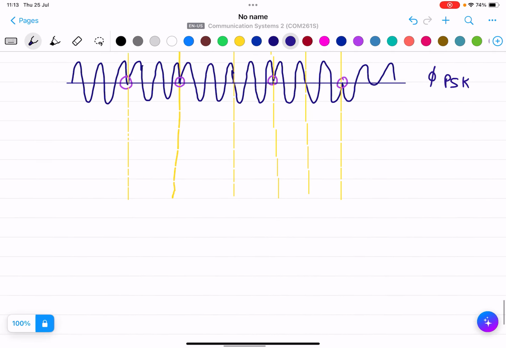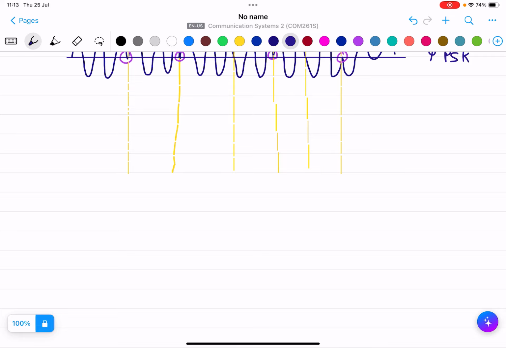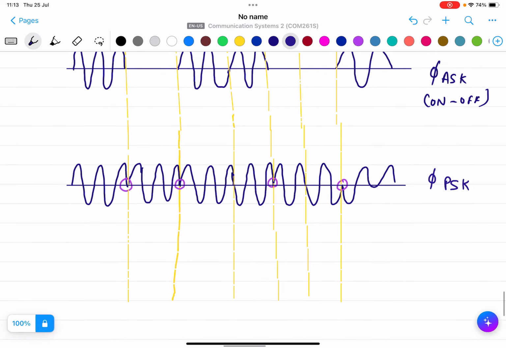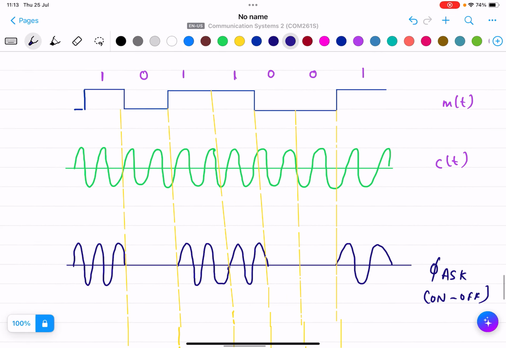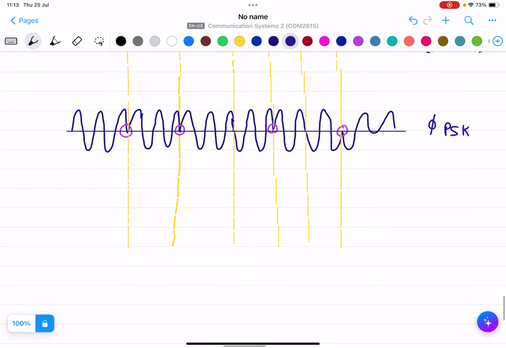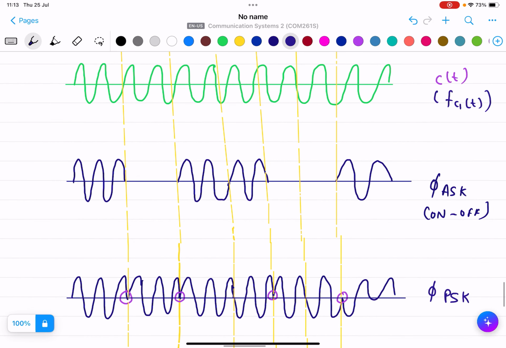Now if I need to make it for FSK, what will happen? I am just taking this carrier waveform c(t), and for FSK, let us say this is my fc1(t). This carrier is fc1(t), and I can make another carrier.